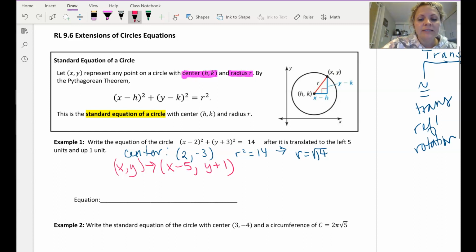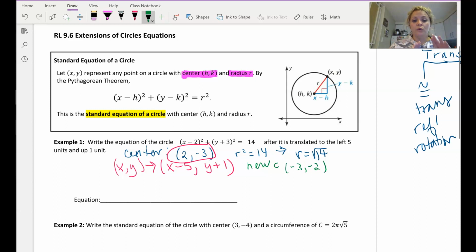So if we plug the center in, that 2, -3, into that rule that we just wrote, 2 minus 5, in fact, I'm going to write my new center out here. New C, my new center. 2 minus 5 is -3, and -3 plus 1 is -2.